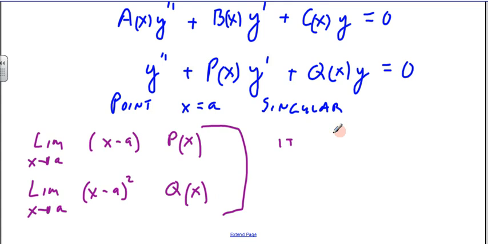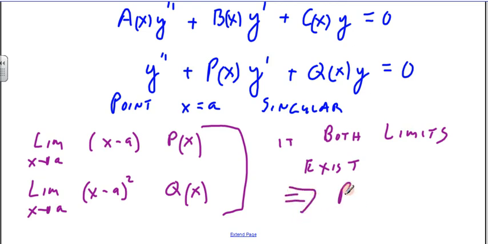If both limits exist, then we have a regular singular point. So if both limits exist, regular singular point. If one of the limits or both the limits don't exist, then the point is an irregular singular point.